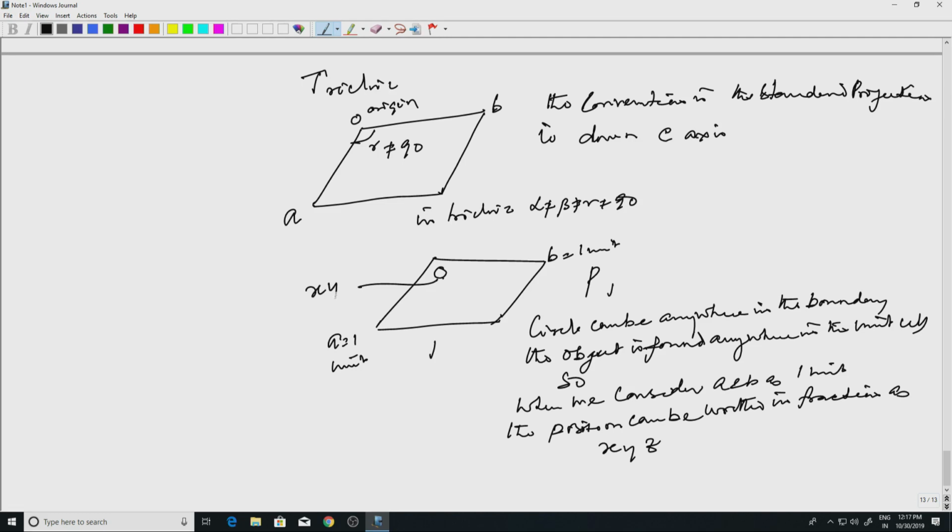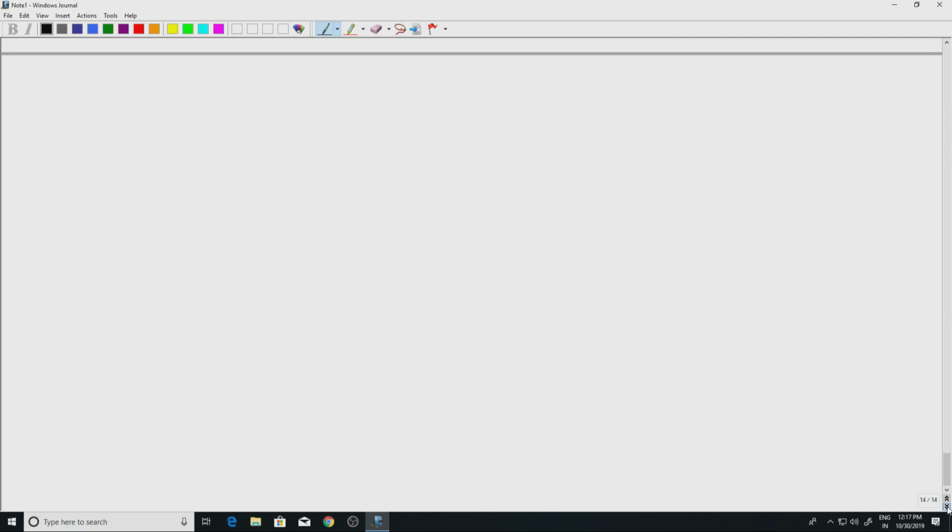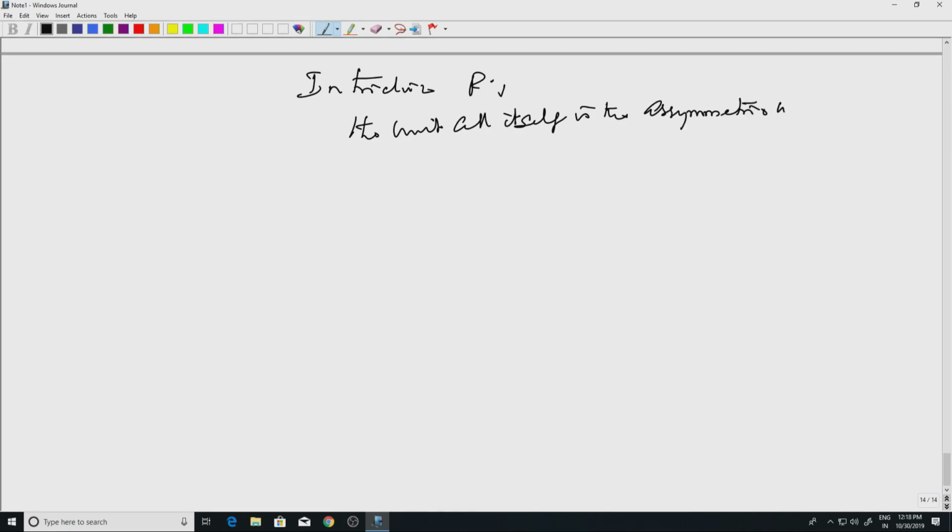So this is x, y, z. And triclinic P1, the unit cell itself is the asymmetric unit, as there is no symmetry operating within the unit cell.